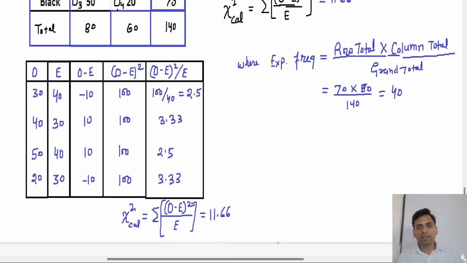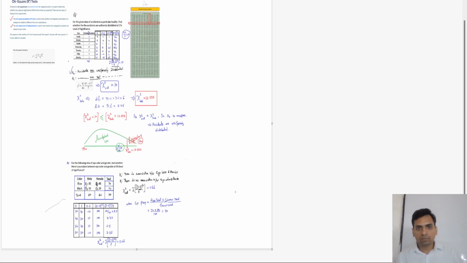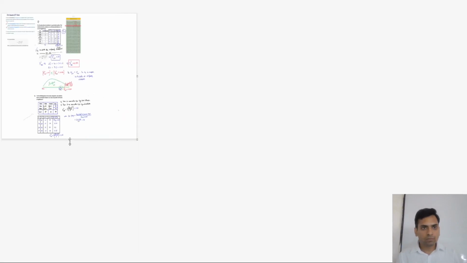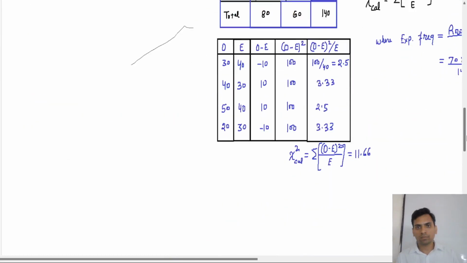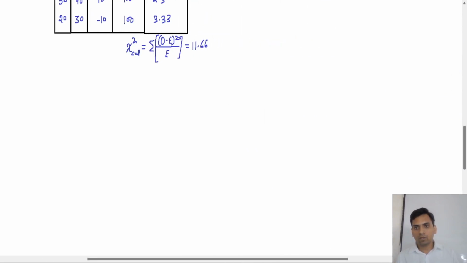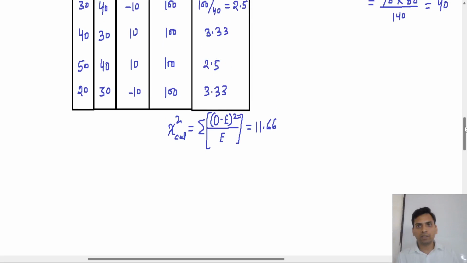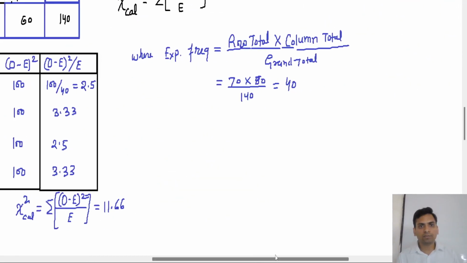And next task is chi-square tabulated value. So for chi-square tabulated, you need what?